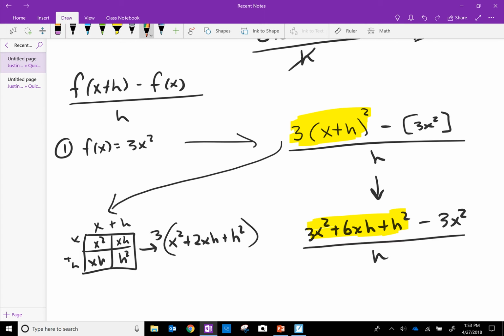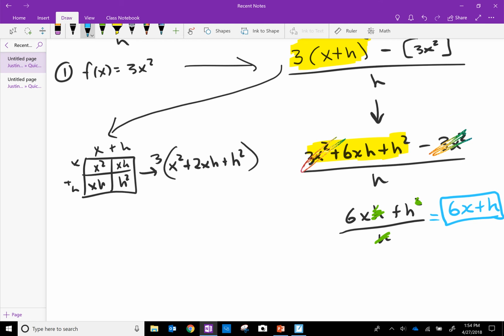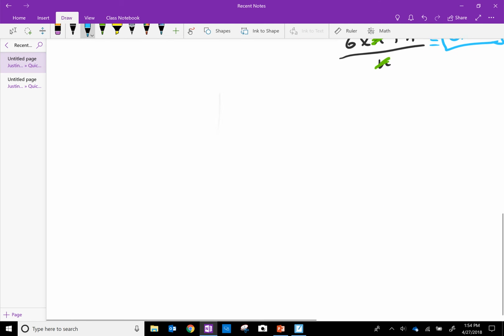So in this case, the 3x squareds cancel. We're left with 6xh plus 3h squared over h. And this h will cancel one of those. So then the final result would be 6x plus 3h. So that's the value of the difference quotient for 3x squared.